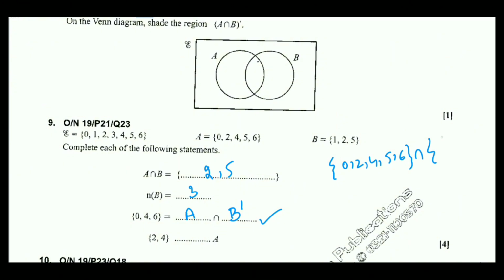Intersection B complement, not B. Not B means exclude 1, 2 and 5 from the universal set. The remaining elements are 0, 3, 4 and 6. So the intersection is 0, 4 and 6. So it means this is A intersection B complement.